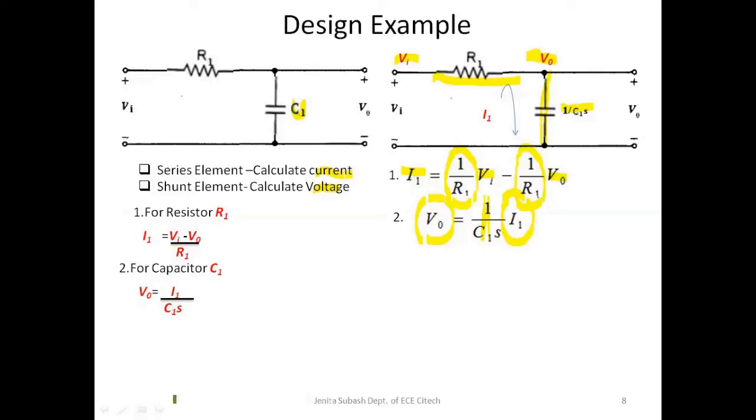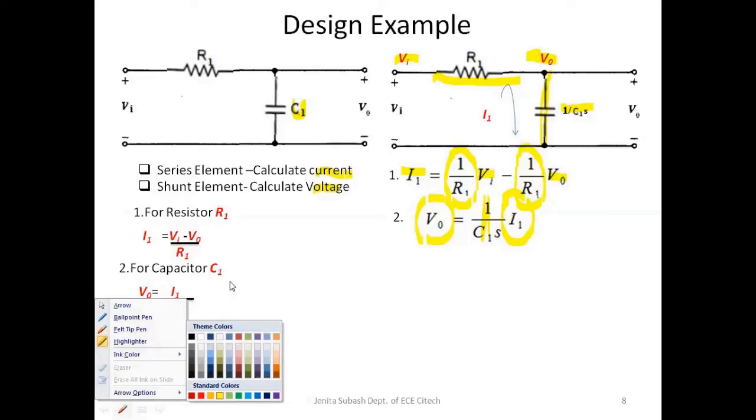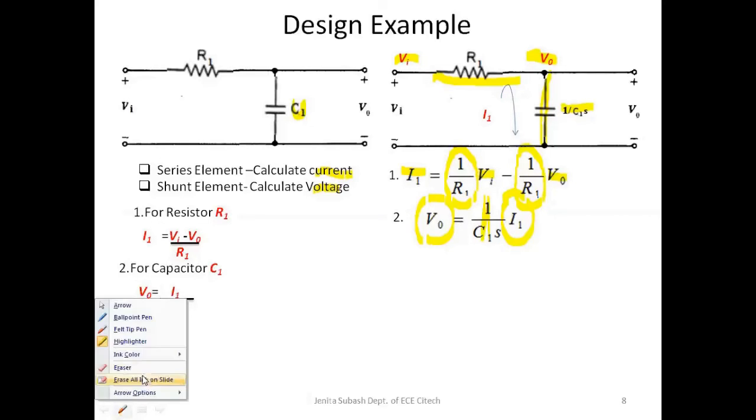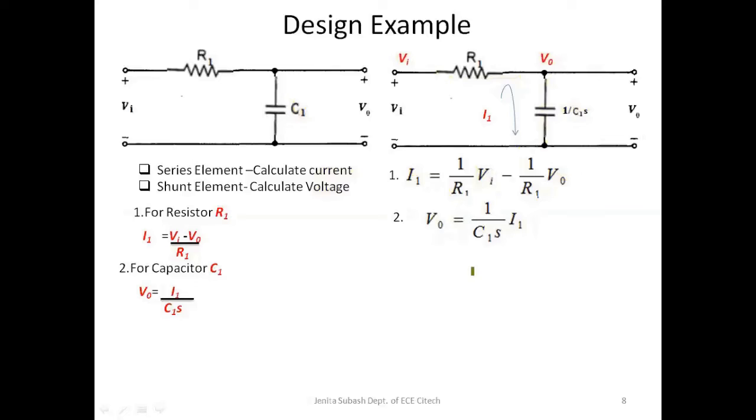So once after representing, let's try to draw the signal flow graph. Now it is very clear that V0 is the output node and I1 is the input, and from I1 a branch is moving towards V0 with the branch gain of 1 by C1S.